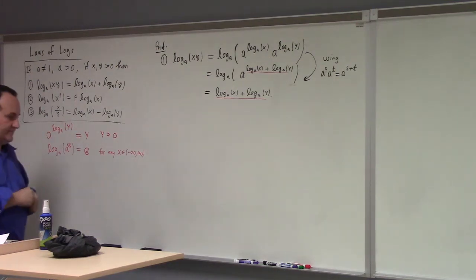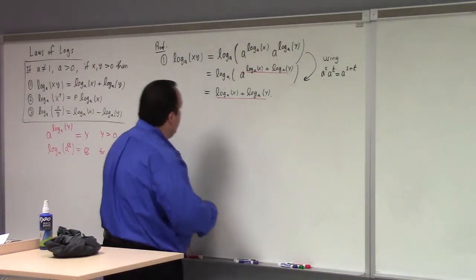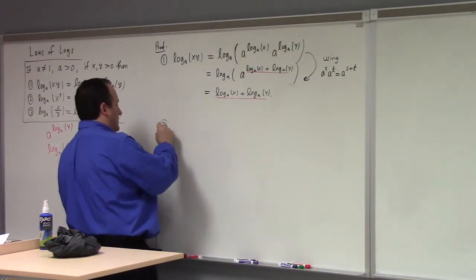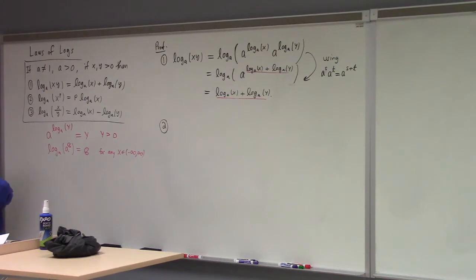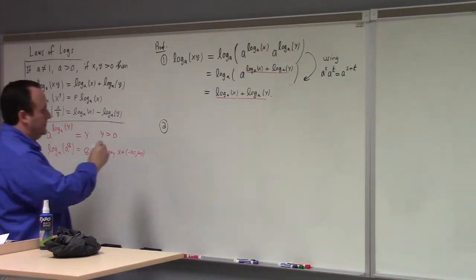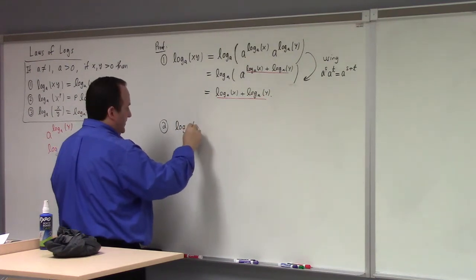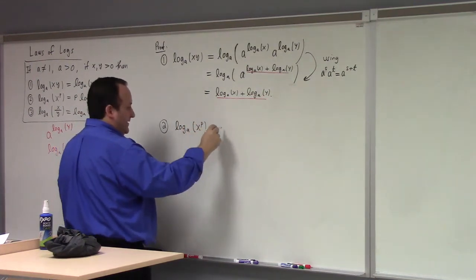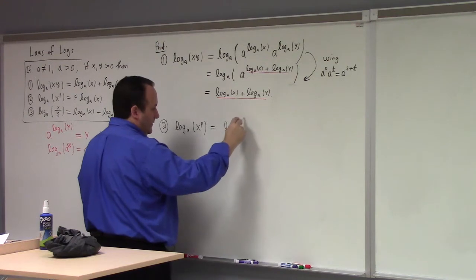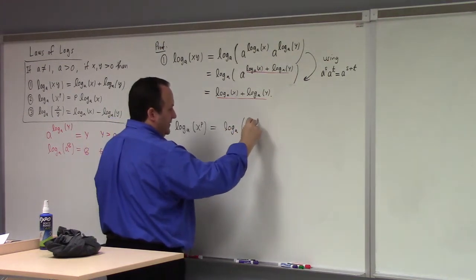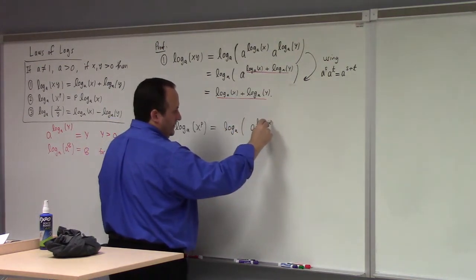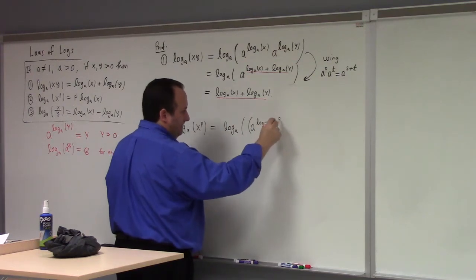How about number 2? How do we prove that? Number 2, I'll start with log base a of x to the power p, and I'll rewrite that as log base a of a to the log base a of x all to the power p, right?